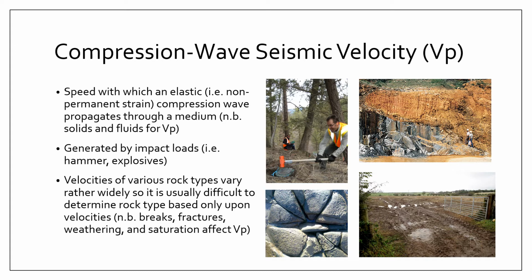And this is because there are various other factors aside from rock type that modify your P-wave velocity, and this include breaks or fractures. As you can see here, you can see the fractures here or the joints. If you're talking to a geologist, these are joints.